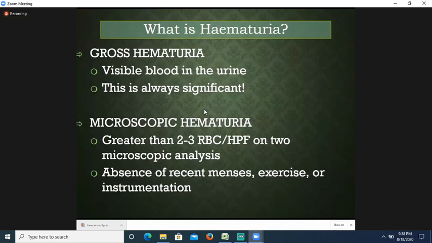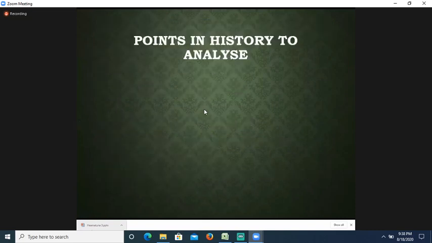Okay, then history, when somebody is coming to us. There are certain points when the patient is giving us a history that we should be focusing on, because those will give us some clue of the pathology or the disease process causing this.